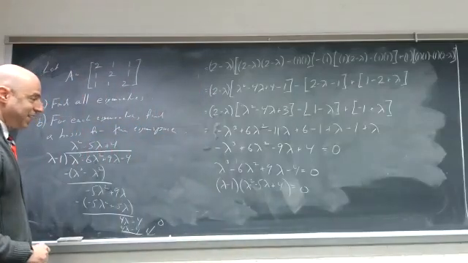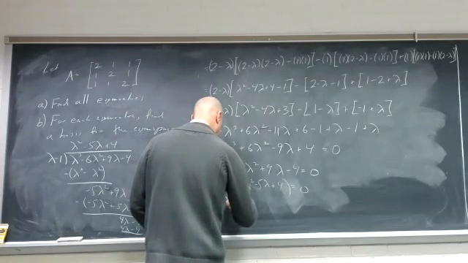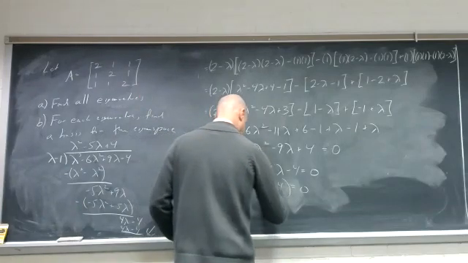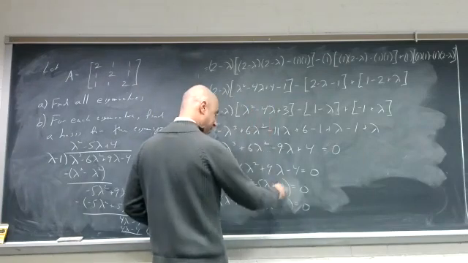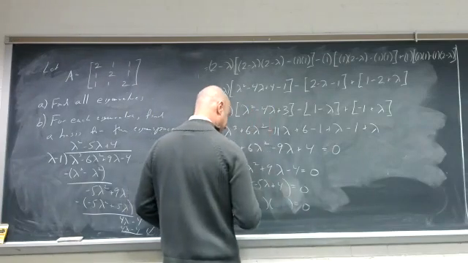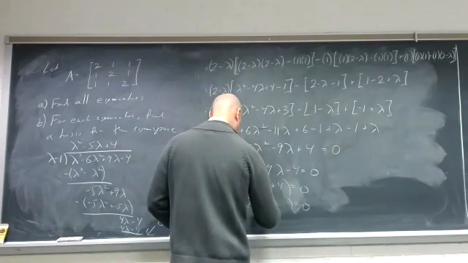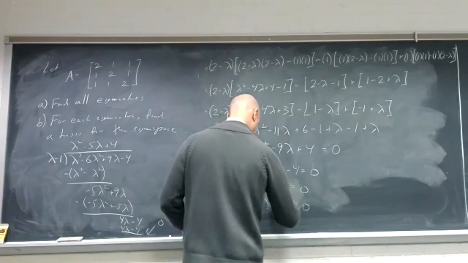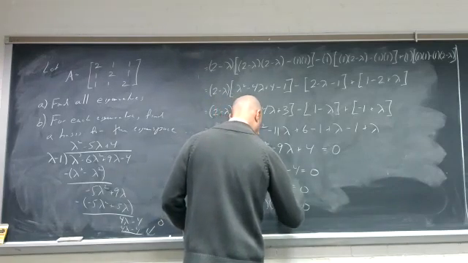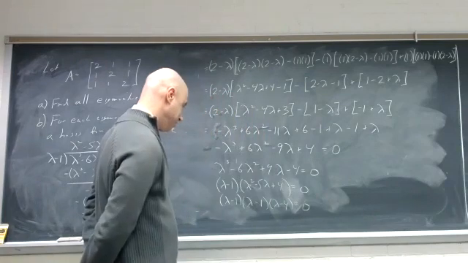And then that factors nicely. Lambda squared minus 5 lambda plus 4 factors as lambda minus 1 times lambda minus 4.